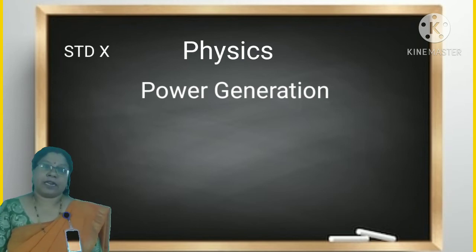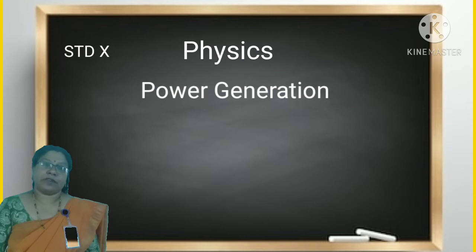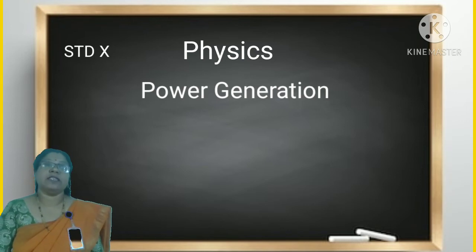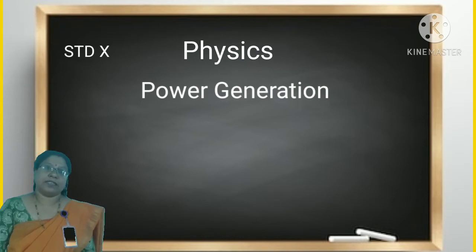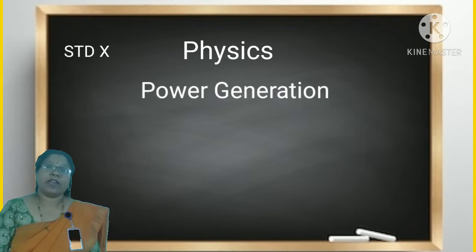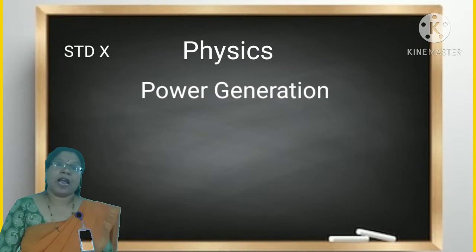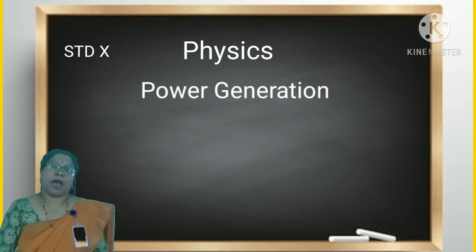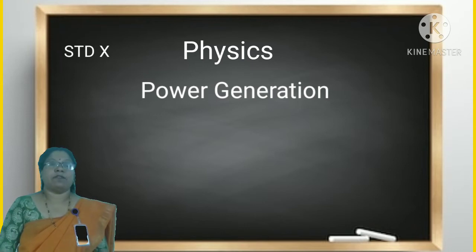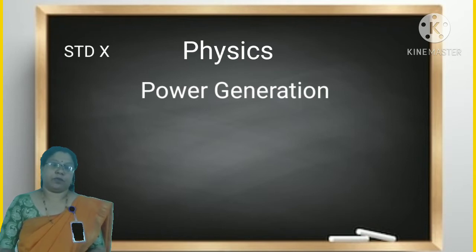In power stations, it is a three-phase AC generator. Three-phase AC generator means for every single pair of magnetic poles, there will be three identical armature coils. Such power generators are known as three-phase AC generators.